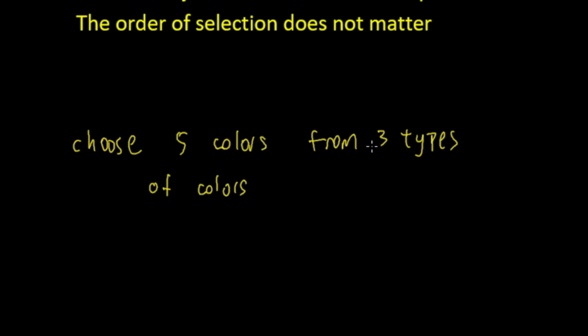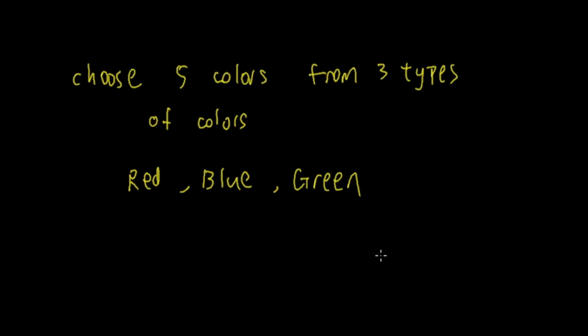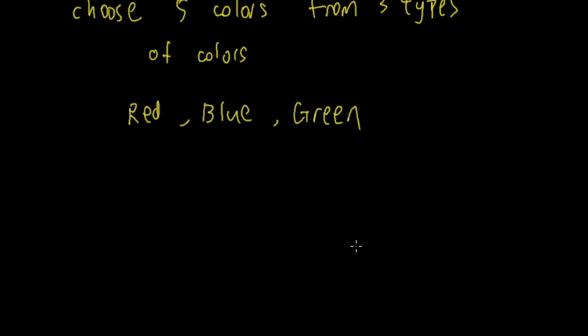We have 3 types of color here: red, blue, and green. Now choose 5 of them. Of course, you have to repeat, because you only have 3 types of color, so there must be some repetition there. Let's pick some samples.